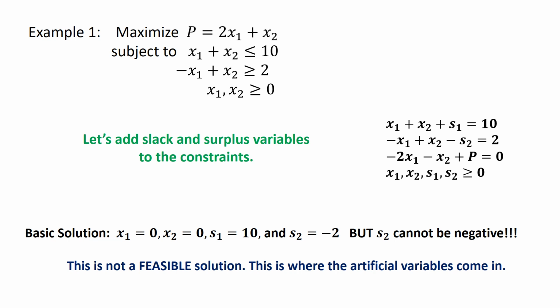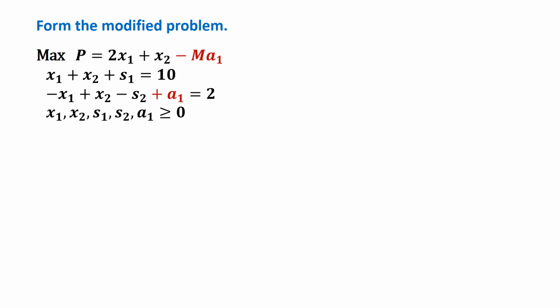So now we're going to actually form the modified problem now that we've seen the issue that we're facing. So the first constraint stays the same, x1 plus x2 plus s1 equals 10. But in the second constraint, we're going to add an artificial variable. So we have negative x1 plus x2 minus s2 plus a1 equals 2.